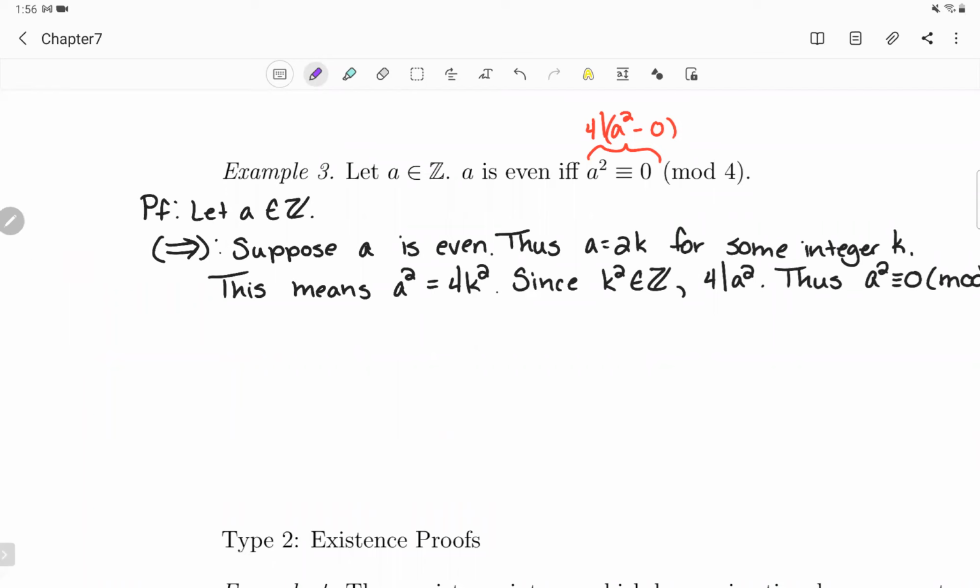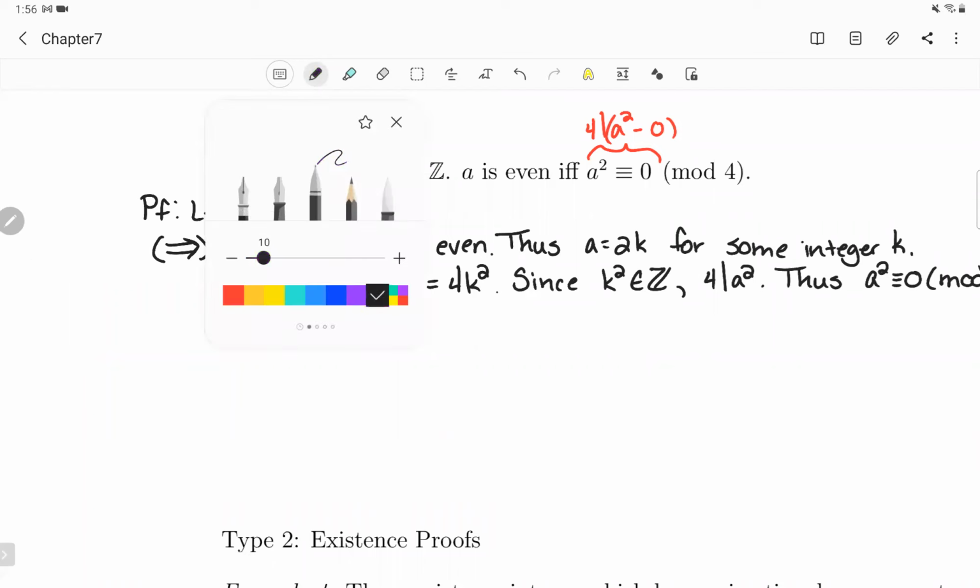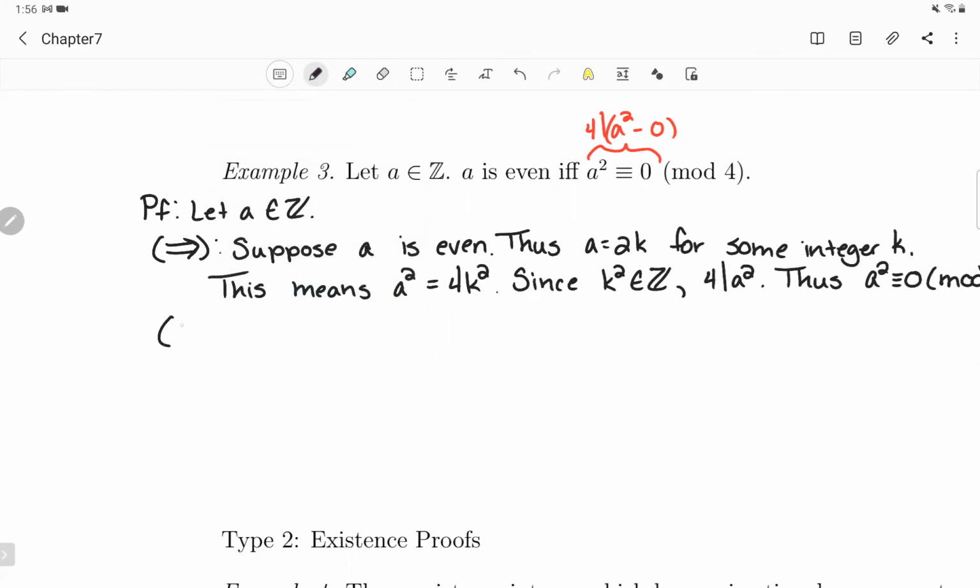But if I'm going to go backwards and do the contrapositive, so let's do the backwards direction. I'm trying to prove if a squared is 0 mod 4, then a is even. What would the contrapositive have me assume?